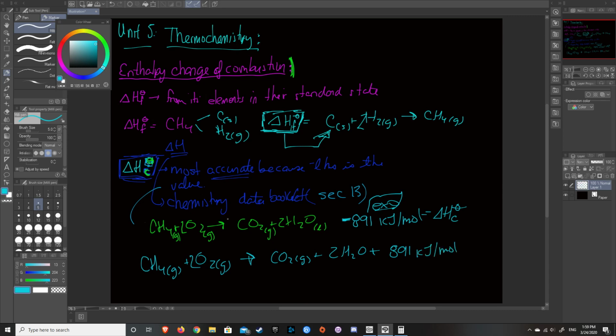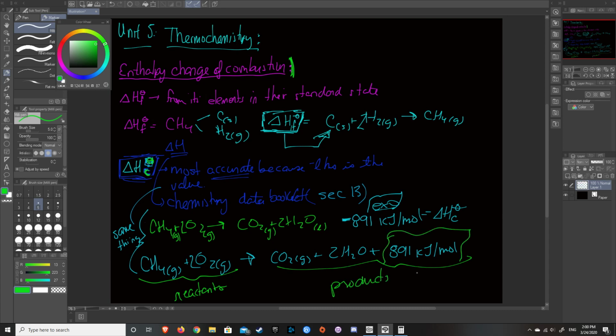So these are two ways of writing the same thing. Right? It's reactants, and it's products.